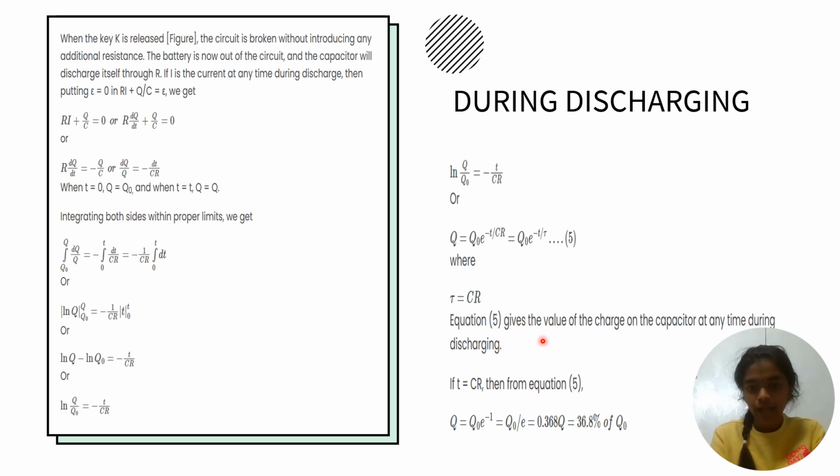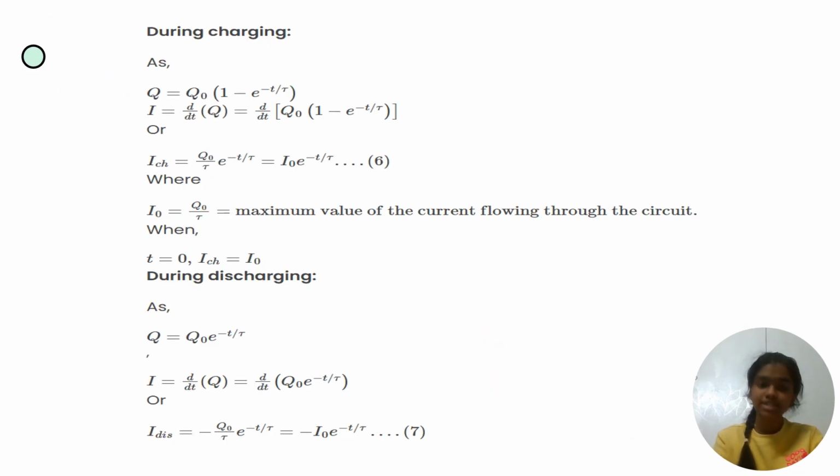Equation 5 gives the value of charge on the capacitor at any time during discharging, and when t equals RC, that is one time constant, the charge is 36.8% of the maximum charge. During charging, as Q is equal to Q naught into 1 minus e power minus t by RC, or t by tau, what is the current?